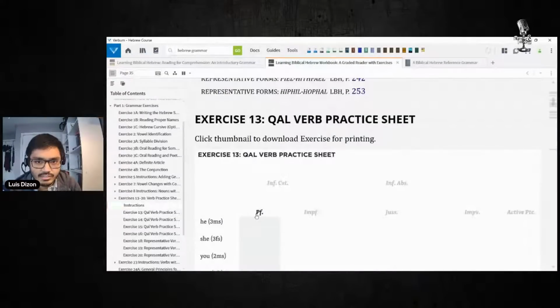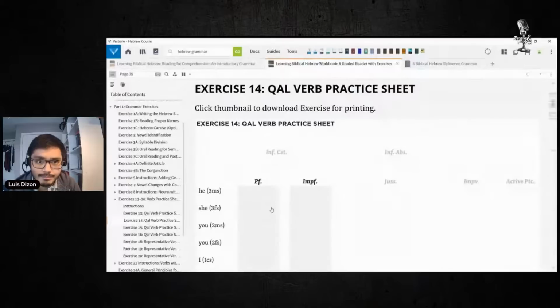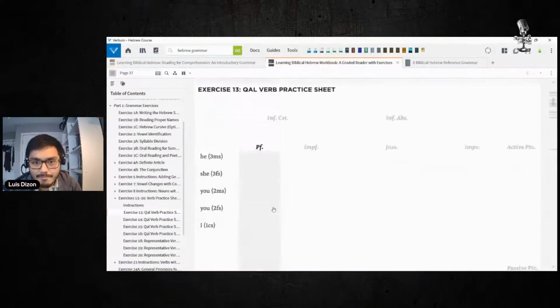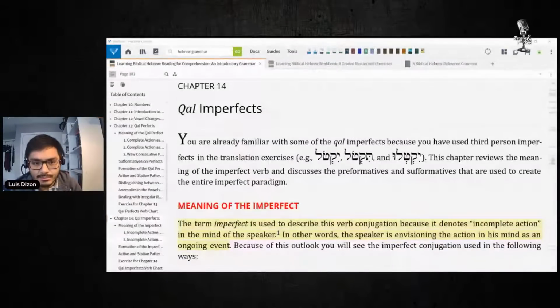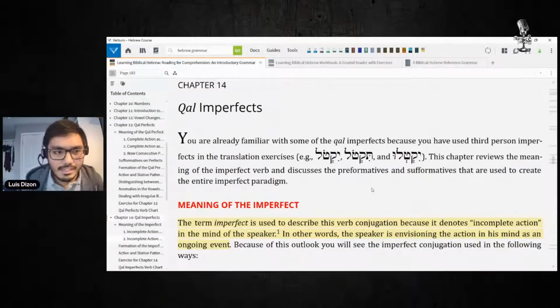Exercise 13 is for the Qal verb, the perfect verb, and actually, they're all Qal verbs. Because we're in the verbal system, one of the things about verbs in general is there's a lot of memorization involved. You have to remember each specific form of the verb.